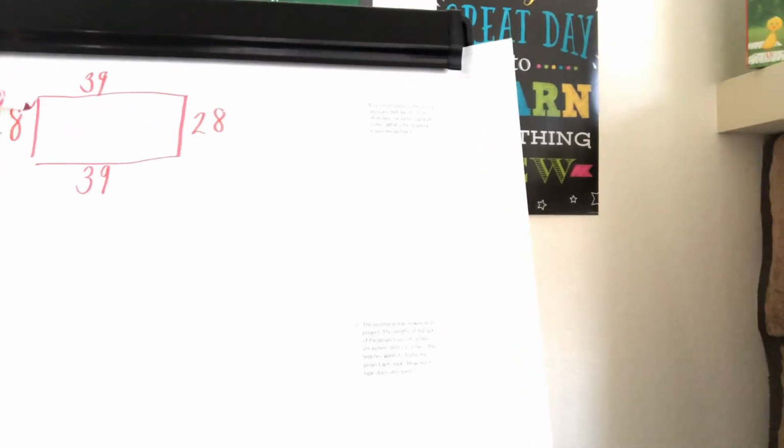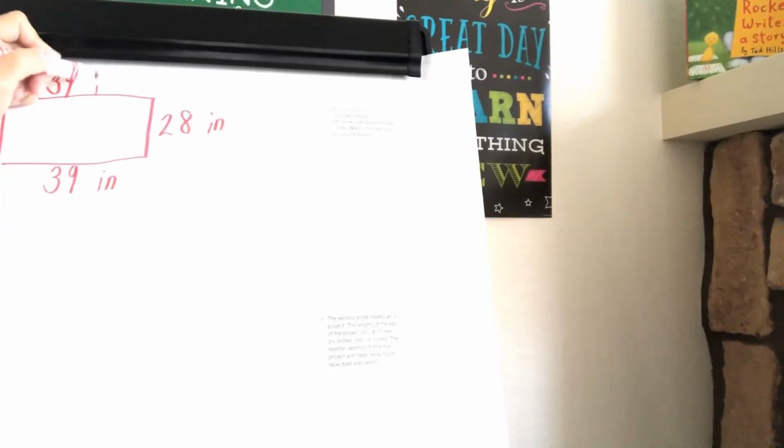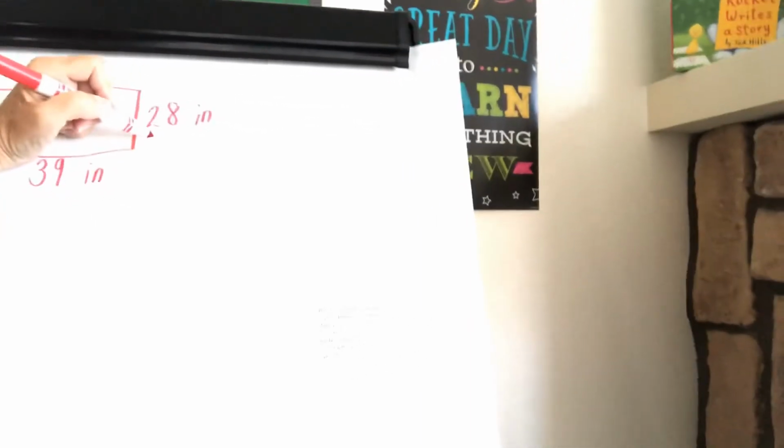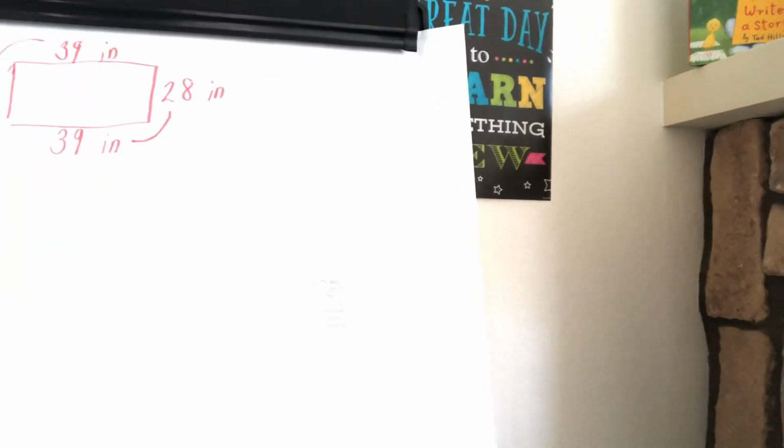I'm going to draw it. 39 and 39 and 28 and 28 inches. What is the distance around the picture? So what you would do is you would add 2 sides, add 2 more sides, and add those numbers together.